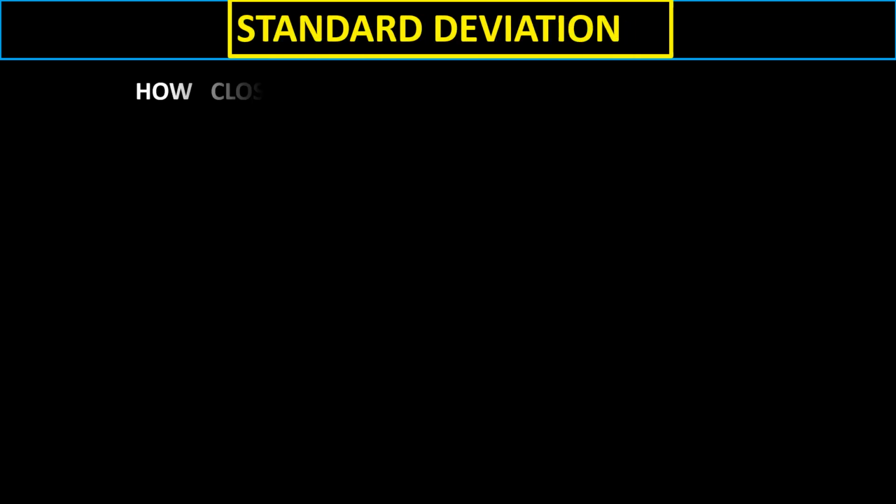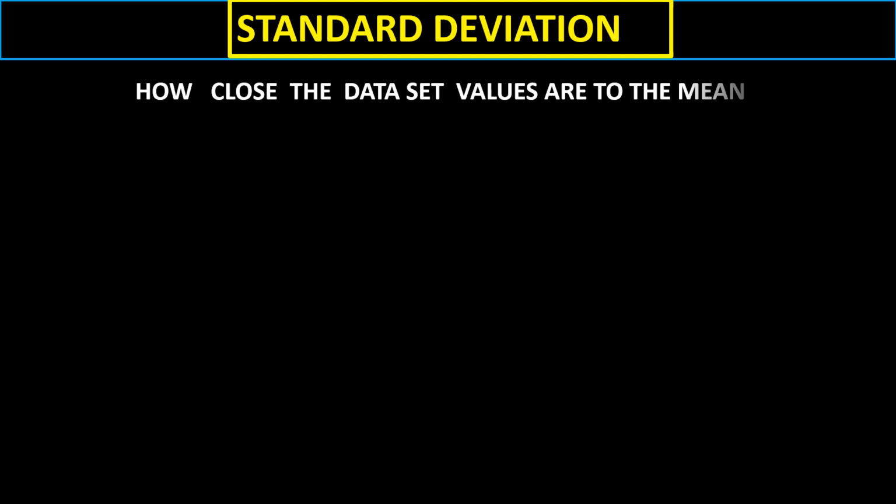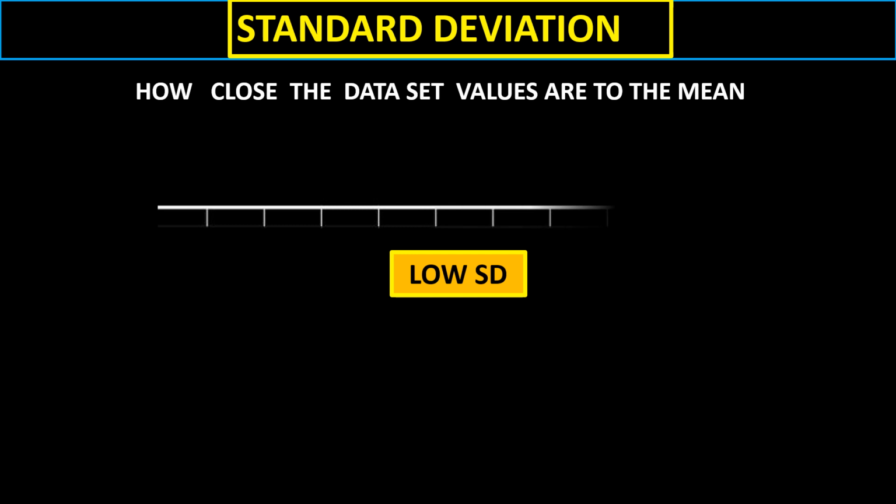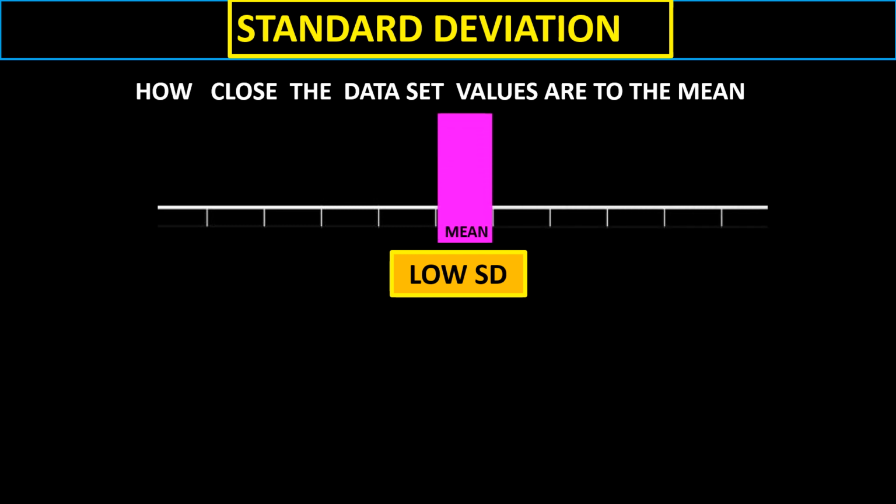Standard deviation tells how close the data set values are to the mean, right? So the measure that you get will tell you how close the data set values are to the mean. Now you will get two options. You can get a low standard deviation value, and what that means is that if you look at the mean, you'll see that your values are very close to the mean.